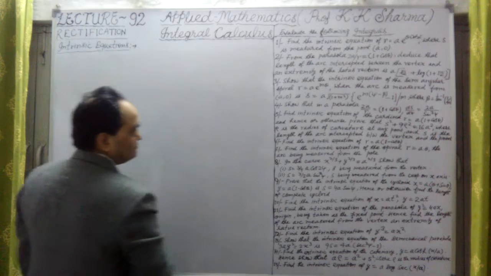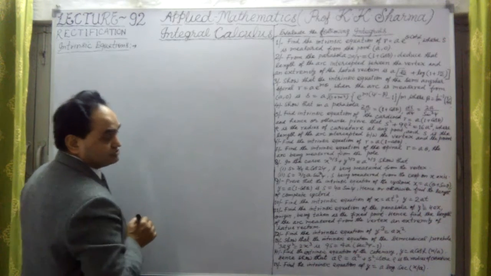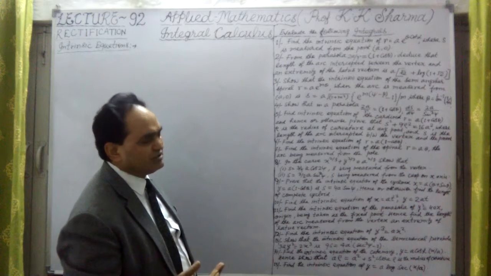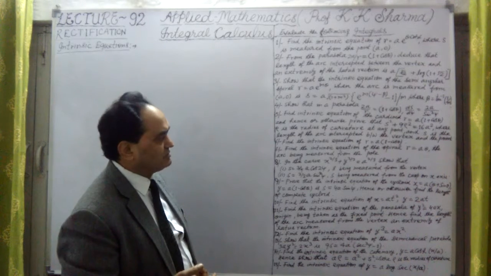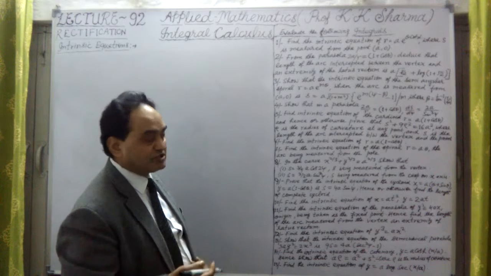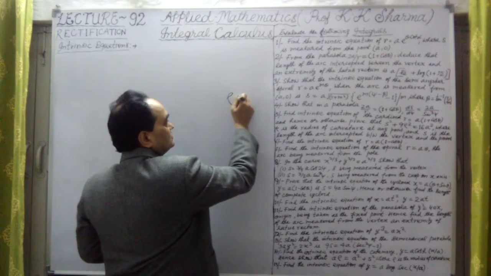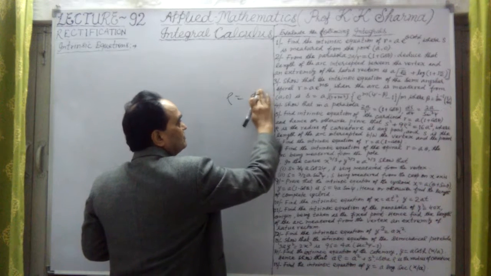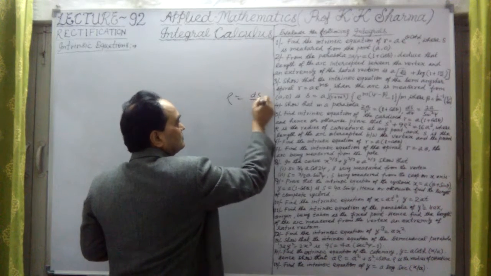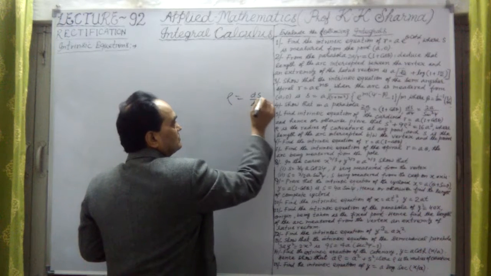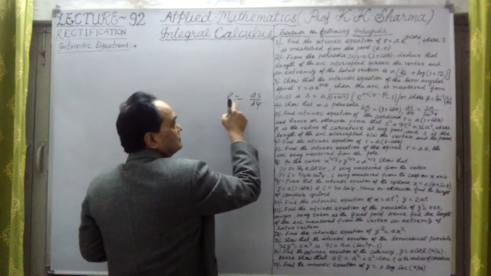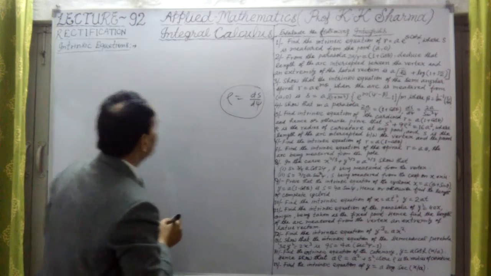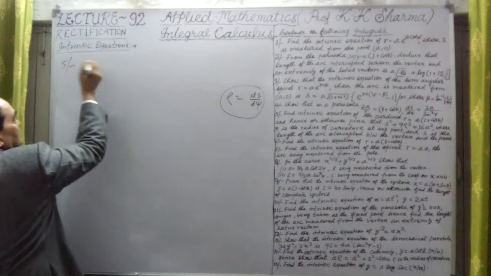First we have to find the intrinsic equation, in terms of s. Then we will find out what ρ is here. ρ, which is radius of curvature, is given by ds/dψ. So this we will calculate.